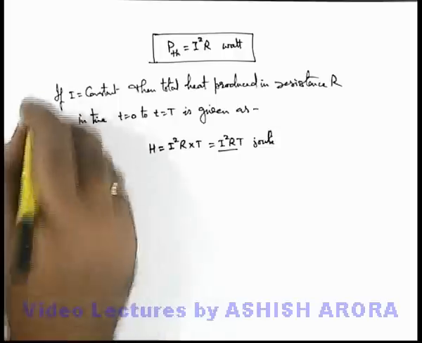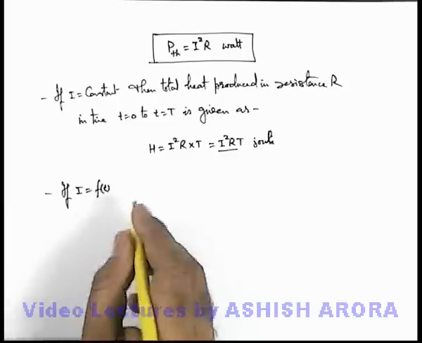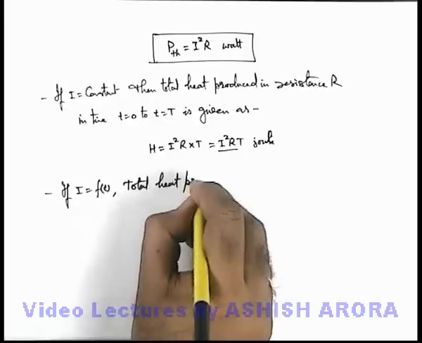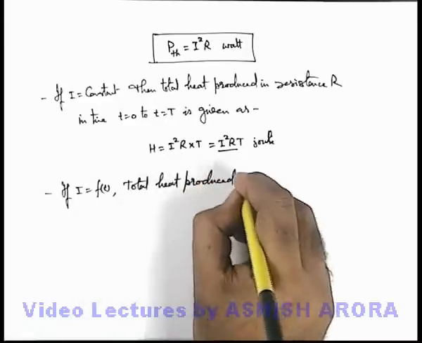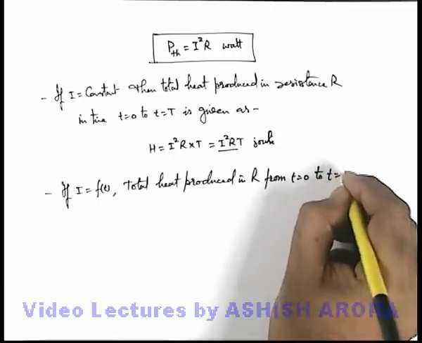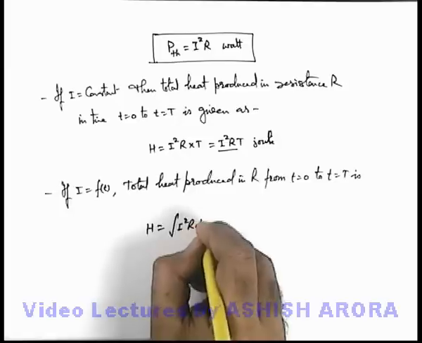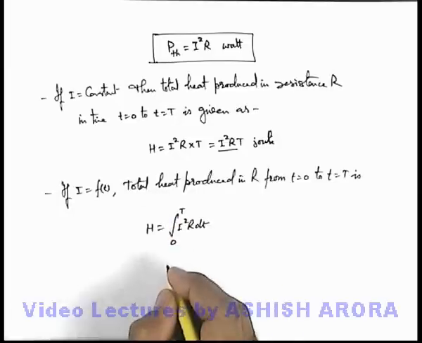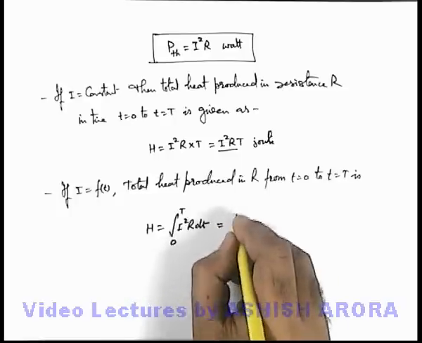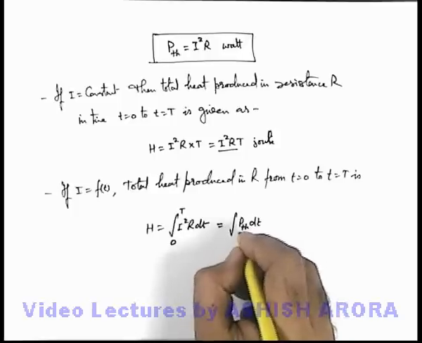But if I is given as a function of time, it is not constant, then the total heat produced in R from t equals 0 to t equals T is given as H equals the integration of I square R dt, integrated from 0 to T. You must be careful about it, or it can directly be written as the integration of thermal power dt, because thermal power is the power produced per unit time.